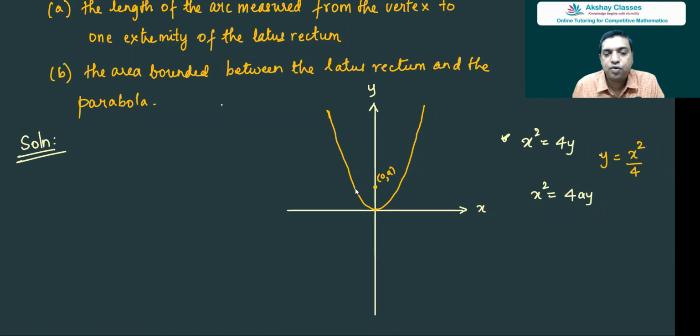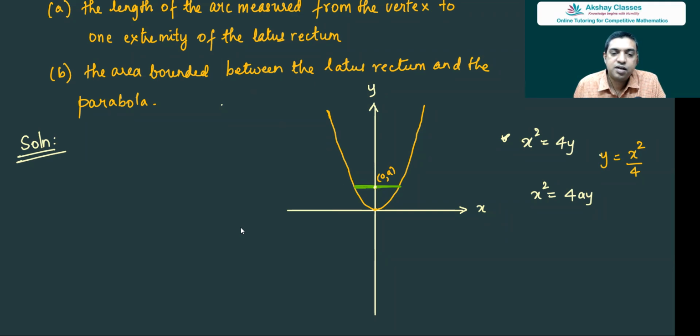The latus rectum is a chord which is perpendicular to the axis of the parabola and passing through the focus 0 comma a.